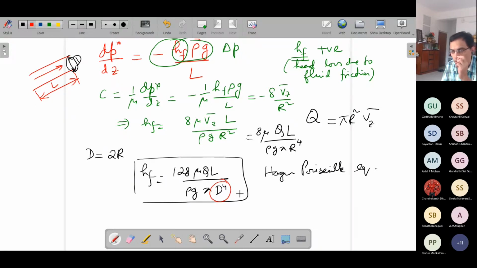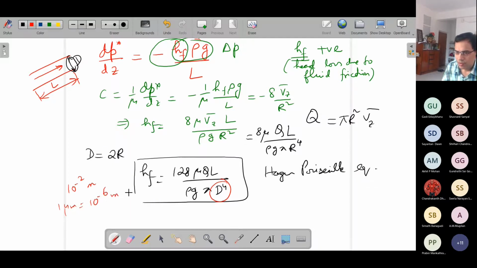1 centimeter is 10 to the power minus 2 meter, and 1 micron is equal to 10 to the power minus 6 meter.